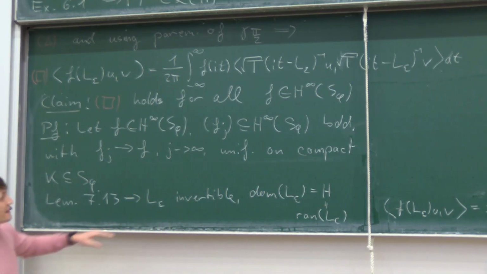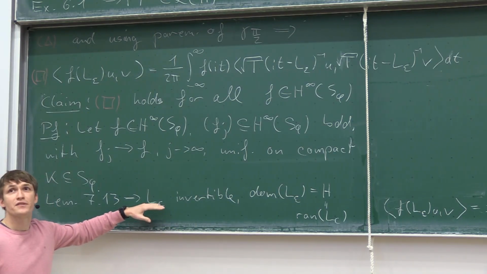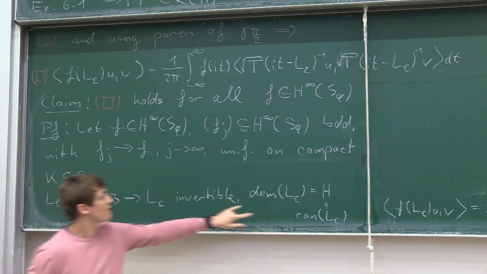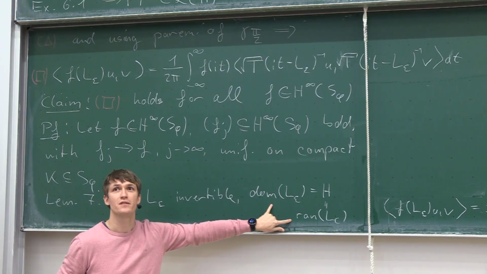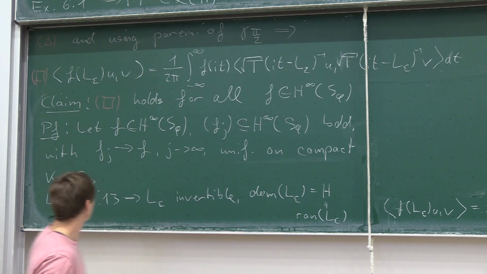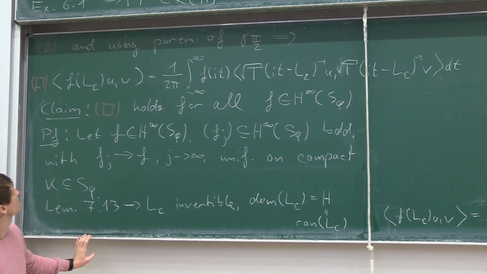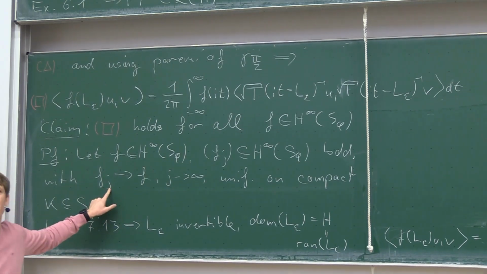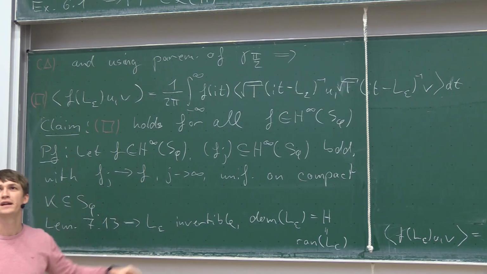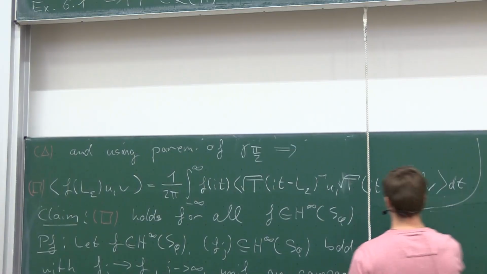Now the convergence lemma tells us that we have strong convergence of f_j of L epsilon to f of L epsilon on the intersection of the sets. This is what we proved on Monday. But the intersection of the sets is just the Hilbert space, all of H. So f_j of L epsilon approximates f of L epsilon strongly on the whole Hilbert space by the convergence lemma.